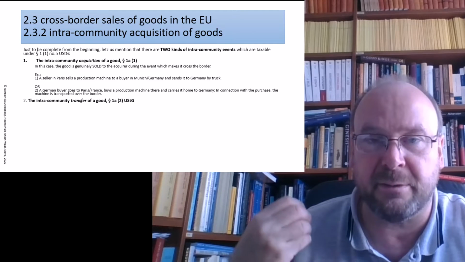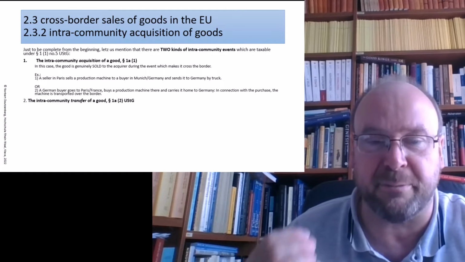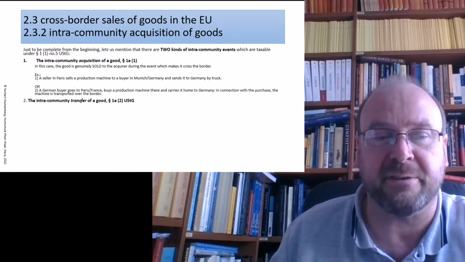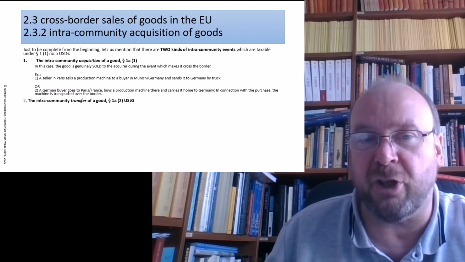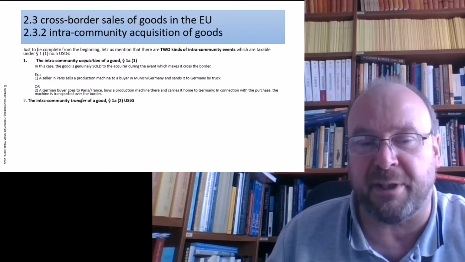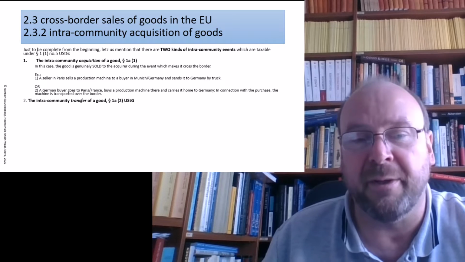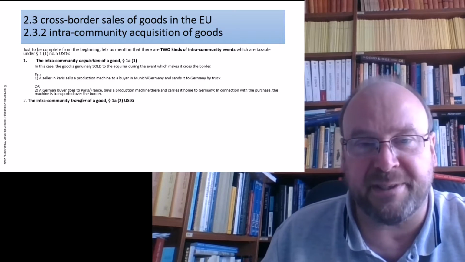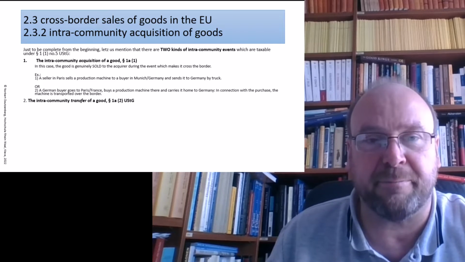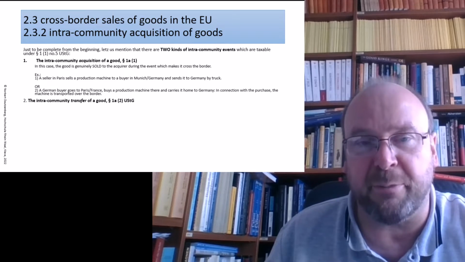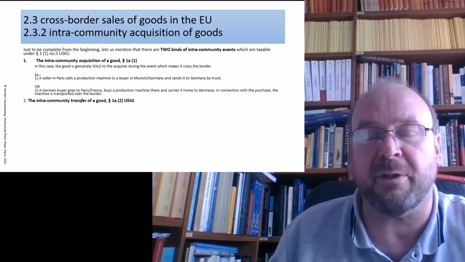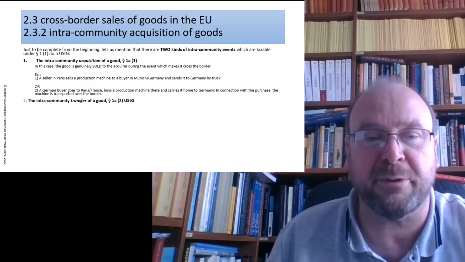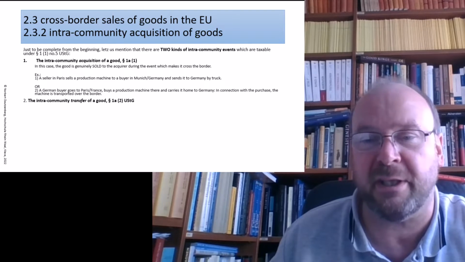The buyer is liable to acquisition tax because the buyer is an entrepreneur and a regular taxed one, so no exemptions, no exceptions. Or a German buyer goes to Paris in France, buys a production machine and carries it home in connection with the purchase. Then we still have a genuine sales transaction. We have the good crossing the border, and we have a buyer who qualifies as a taxable acquirer. So we have an intra-community acquisition, a genuine one, 1A1.